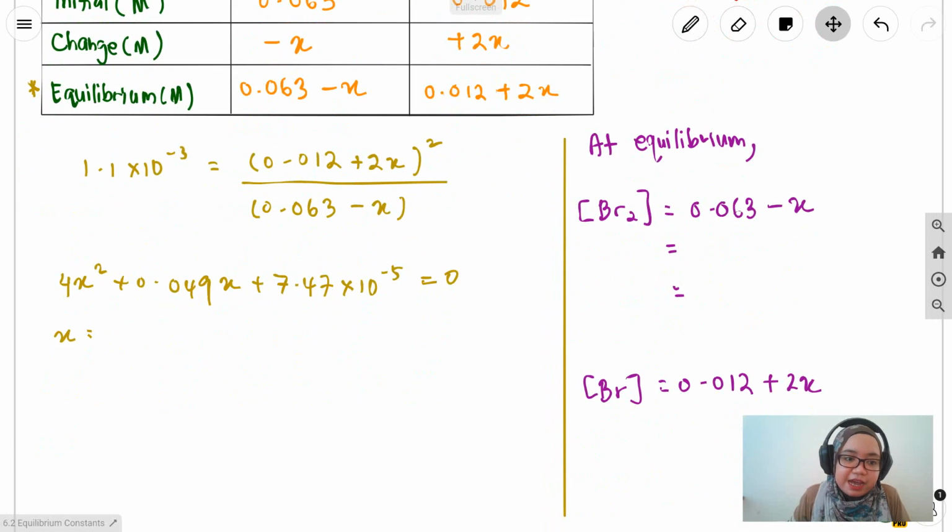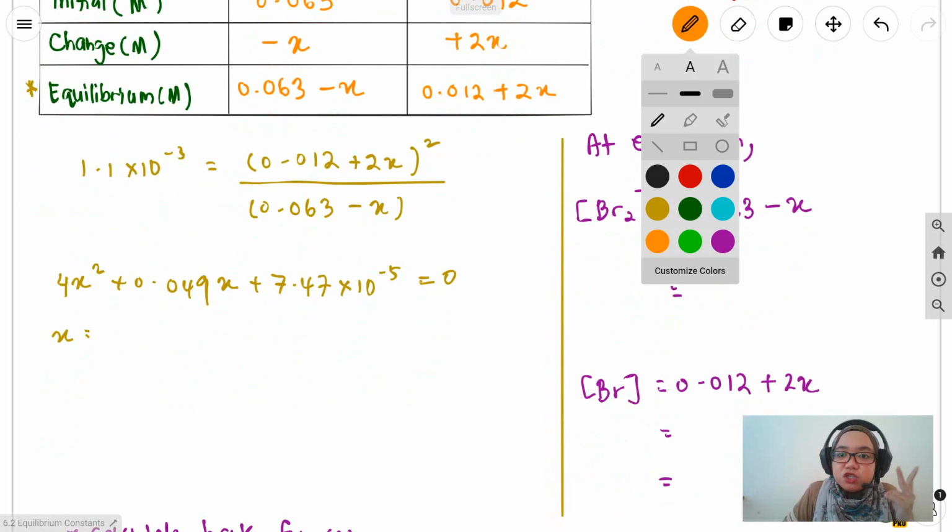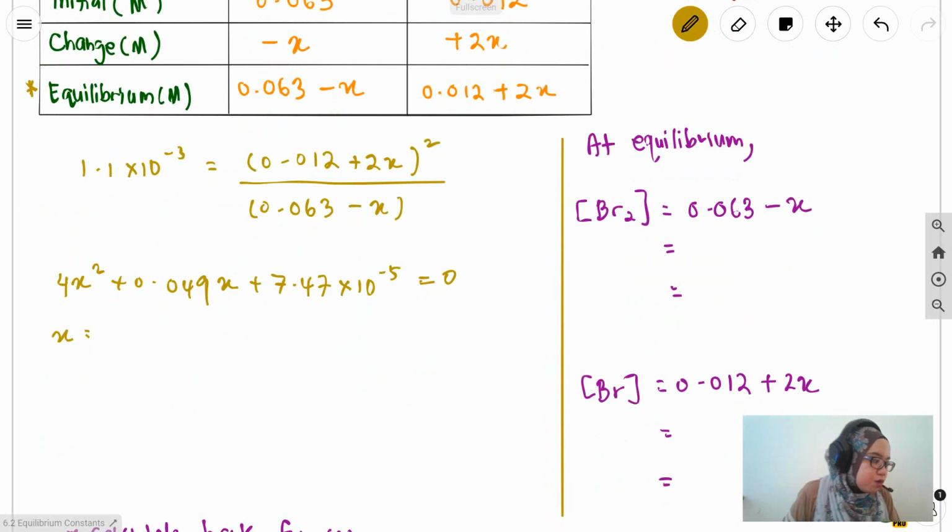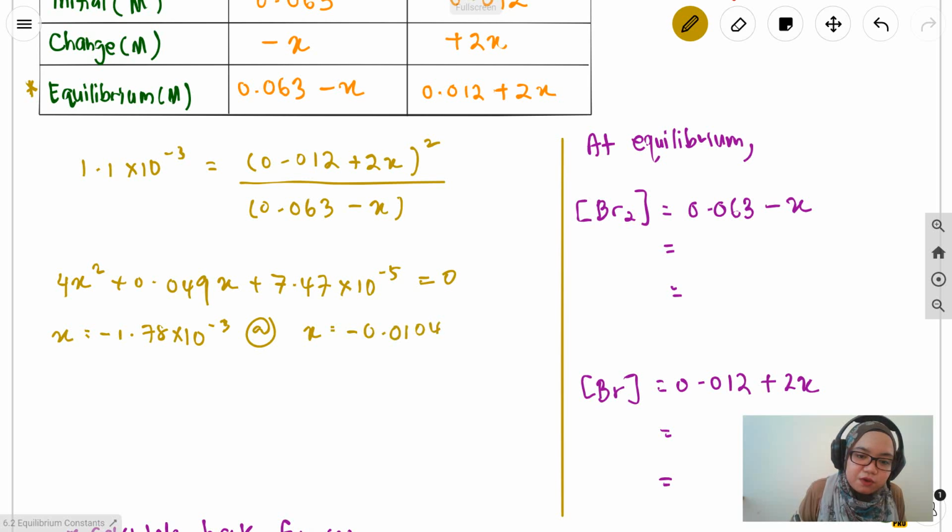When we find x, we actually get two values of x which are both negative. We got x equals negative 1.78 times 10 to the power of negative 3 and x equals negative 0.01046.